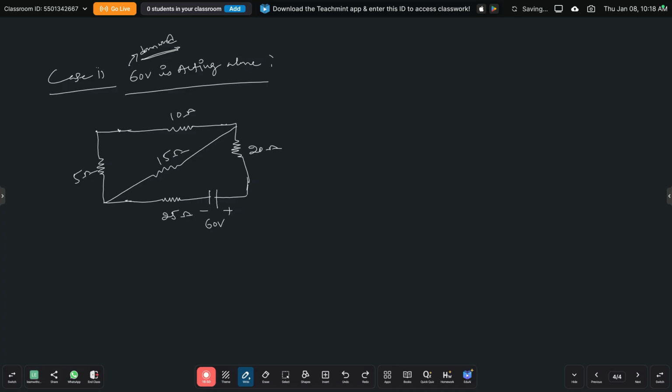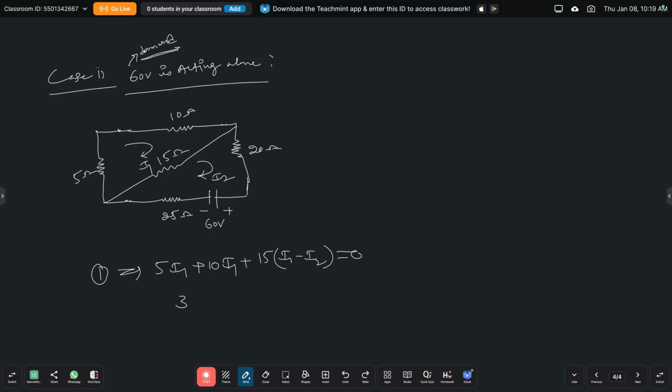Again we need to find the current through the 15 ohm resistance, either by applying mesh analysis or nodal analysis. Suppose here also I am assuming the mesh currents, this is I1 and this is I2. Again you just write the equations by applying mesh analysis. For loop 1, we write 5 I1 plus 10 I1 plus 15 of I1 minus I2 is equal to 0.